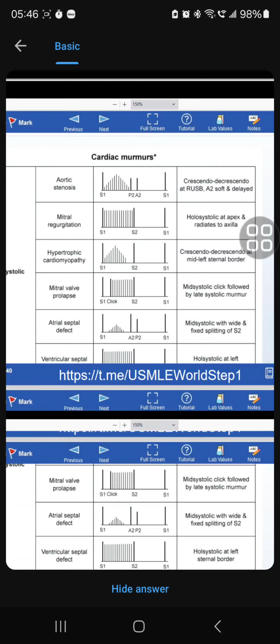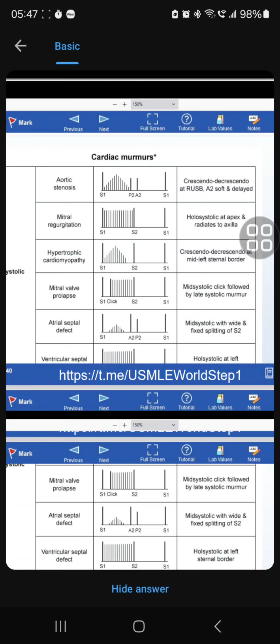Hypertrophic cardiomyopathy, again a crescendo-decrescendo murmur at the mid left sternal border. Mitral valve prolapse: we have the mid-systolic click followed by a late systolic murmur.